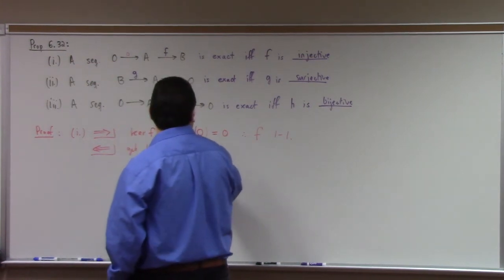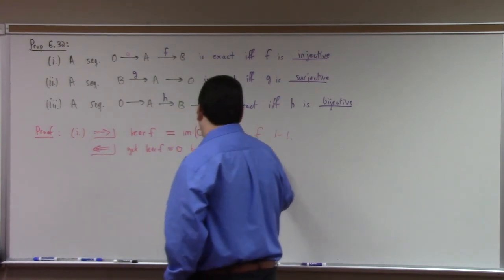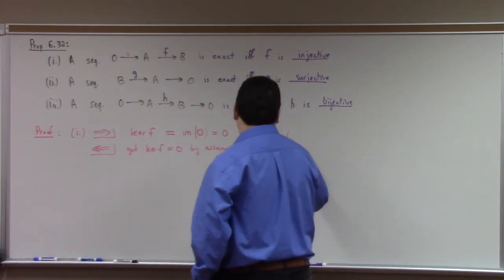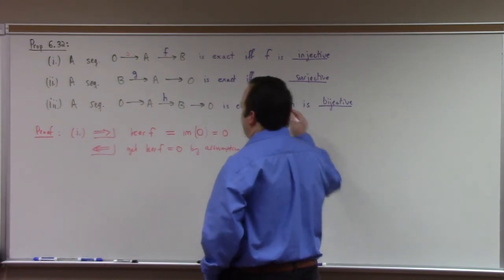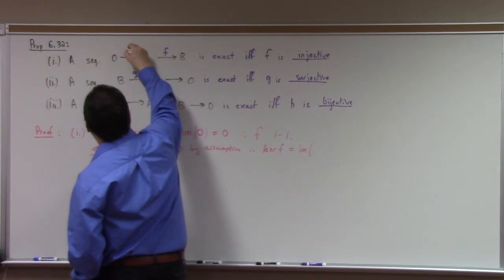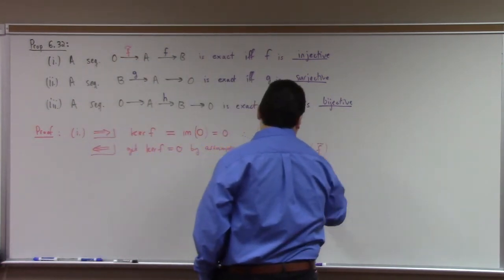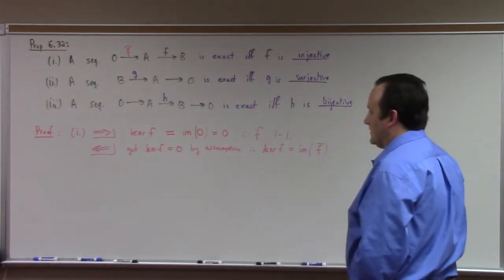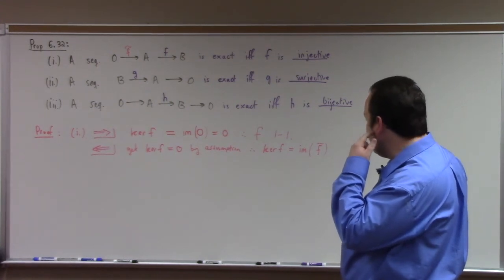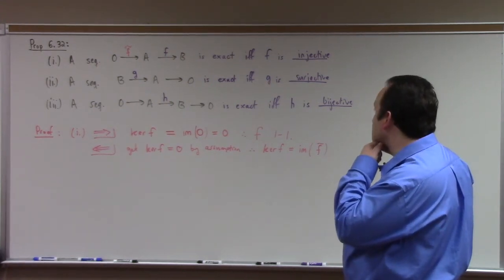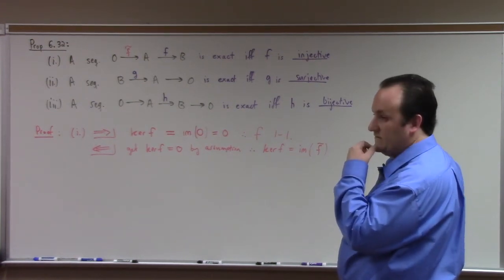Therefore, the kernel of f is equal to the image of, and really to prove this is worth anything, we should give this a name like f tilde. And so that's all there is to check.